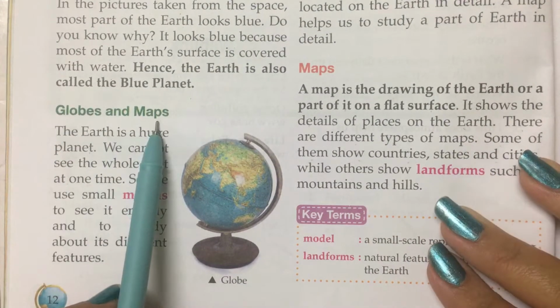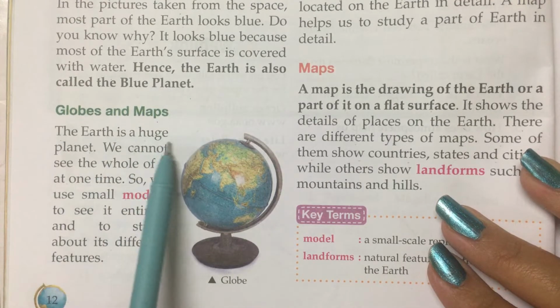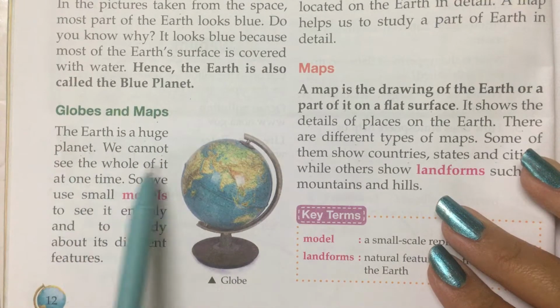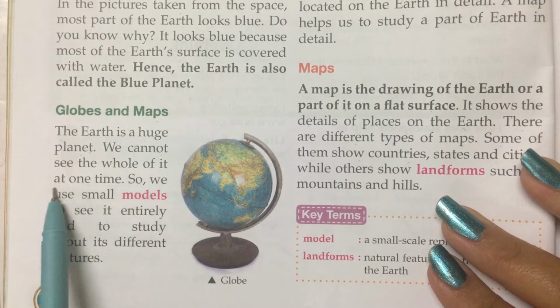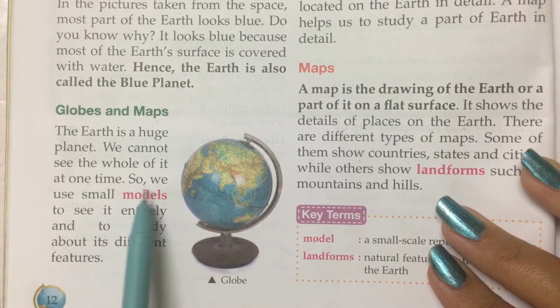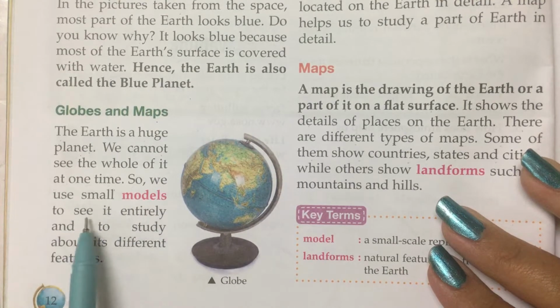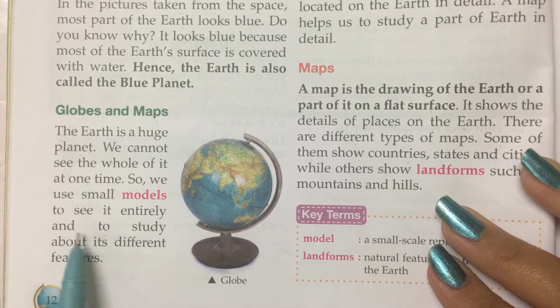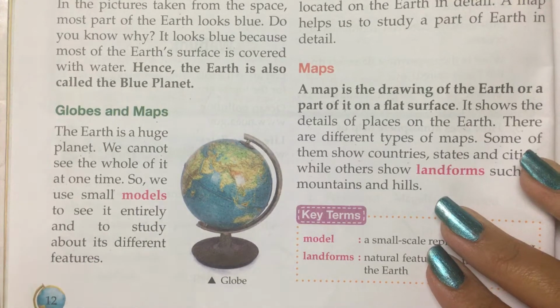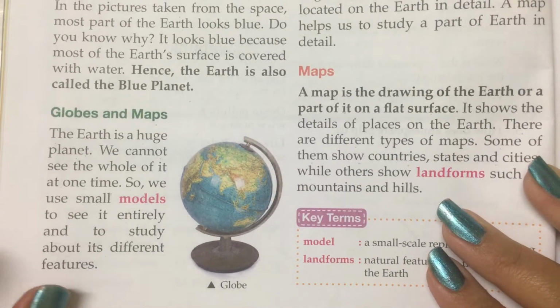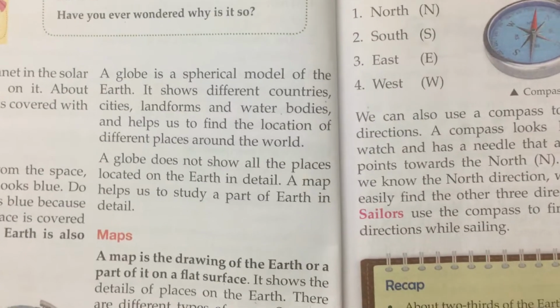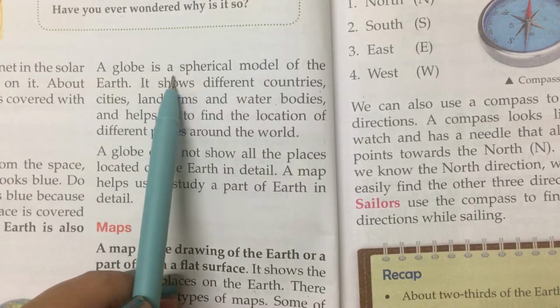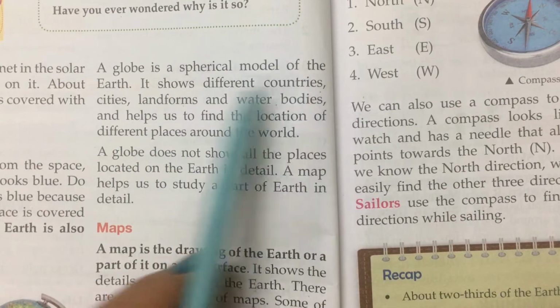Globes and maps. The Earth is a huge planet. We cannot see the whole of it at one time. So, we use small models to see it entirely and to study its different features. A globe is a spherical model of the Earth.